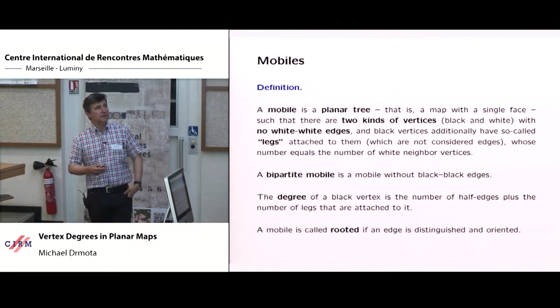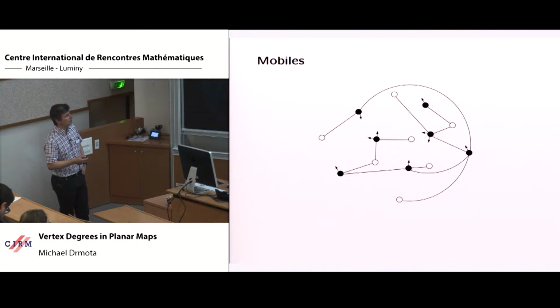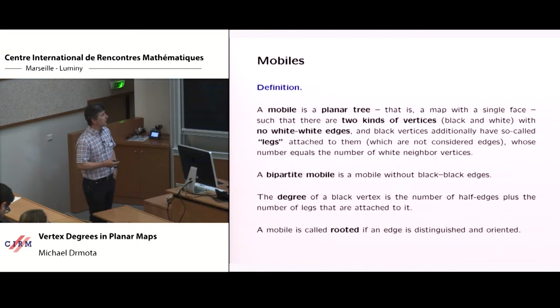And well, there are some special cases. A bipartite mobile is a mobile where you have no black edges. So this is not a bipartite mobile because you have a black edge. And another notion is the degree of a black vertex.